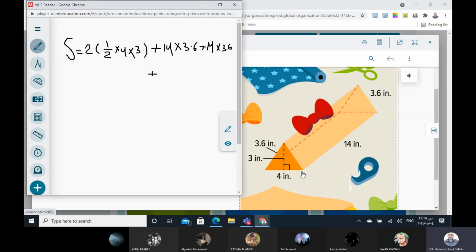we want to find the area of the bottom face here. Also here we have a rectangle, the length will be 14 and the width here will be 4, the same as this side here. So we can write 4 times 14. Now we can calculate. 2 times 1 over 2 will be 1. 1 times 4, 4 times 3 will be 12. Plus, here we have 14 times 3.6.